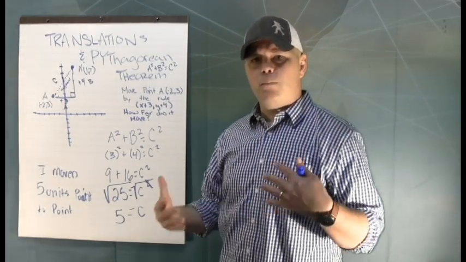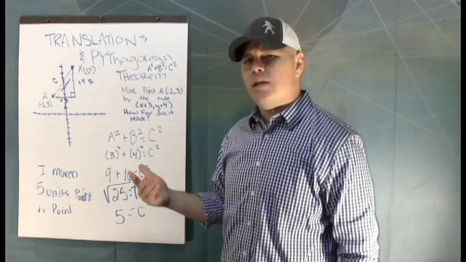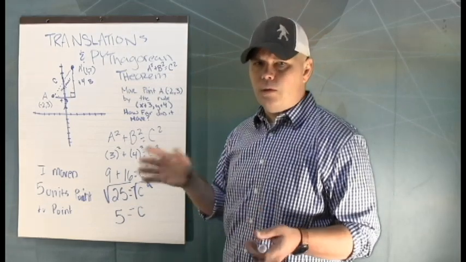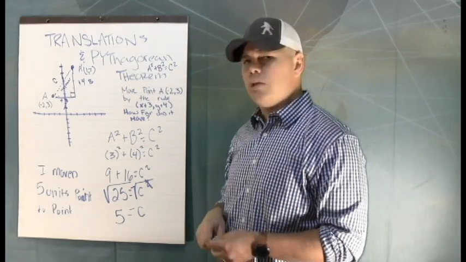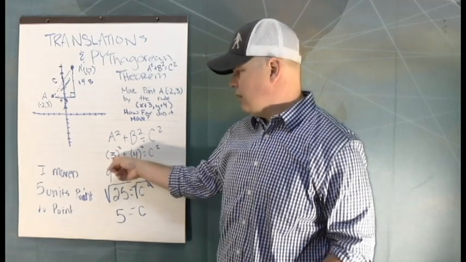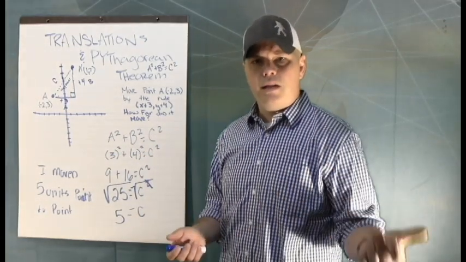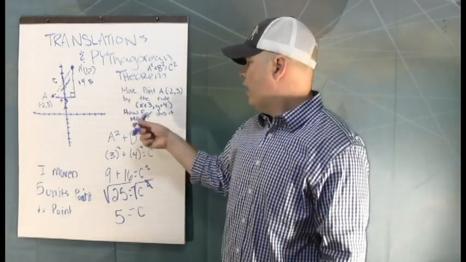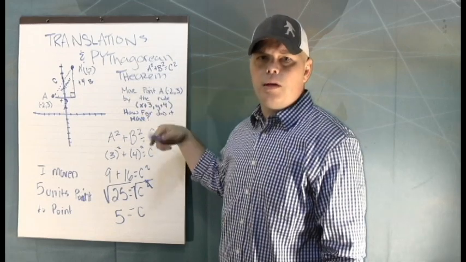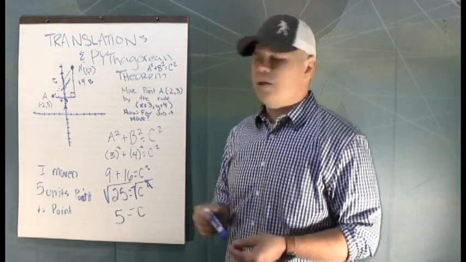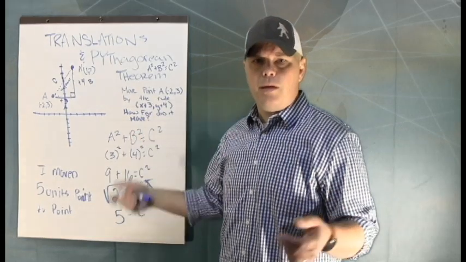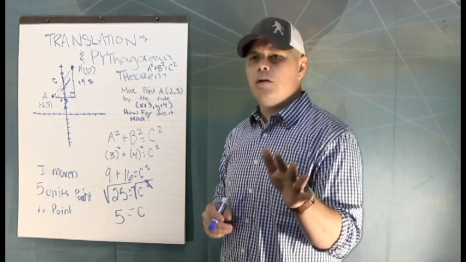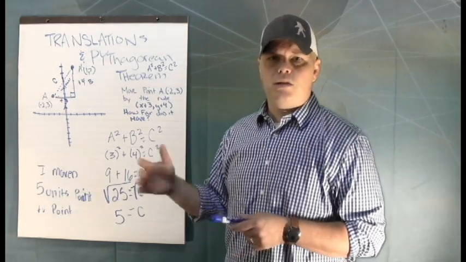And since this is review, I figured I'd push you guys a little bit. So as you go through the rest of this lesson on Nearpod, know that we're going to have a clear the board exercise. I'm going to have you clearing the board with our squaring, so it'll be like 3 squared, and you'll have to go find the 9, because 3 times 3 is 9. So we're going to practice our squares a little bit, and I'll have some of these, like point A is 3, 4, and it's moved by this rule. What would point A prime be? There'll be like 4 of those problems on the clear the board. You should be able to clear your board, let's say, in under 25, because we're getting used to some new concepts.